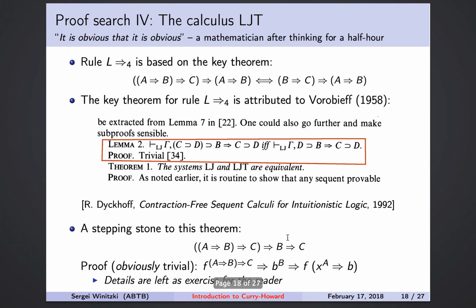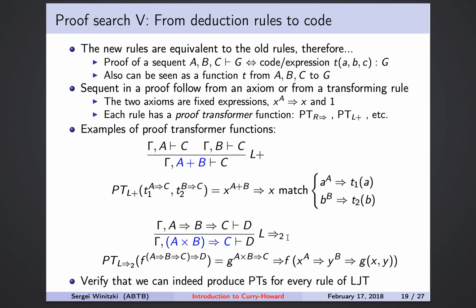Now, when I say an expression proves the sequent, what it means is that the expression has the type that is described by the sequent. It's the same thing, because we described types of expressions through sequents, and only those sequents that correspond to valid and existing expressions in the programming language can be proved by the logic. This is by construction.